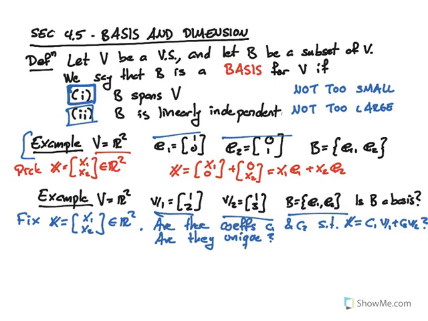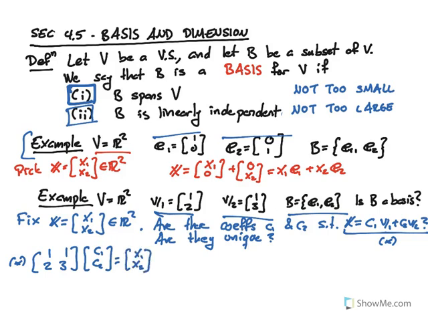So let's see. This equation here, let's call that star. I could alternatively write star using matrix notation as the matrix with rows 1, 2 and 1, 3, times C1, C2, is equal to X1, X2.